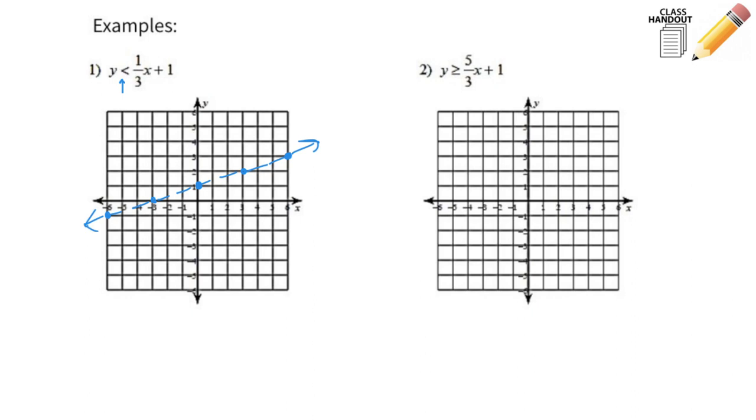Now we're going to decide which side to shade. We need to know if all the points above the line are solutions or all the points below the line are solutions. In this case, we're going to pick a test point, which I'm going to choose as 0, 0, and plug it in.